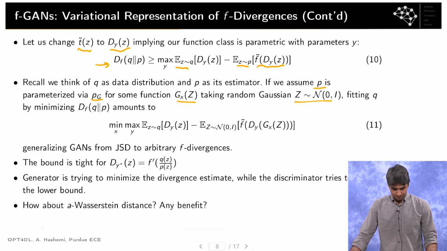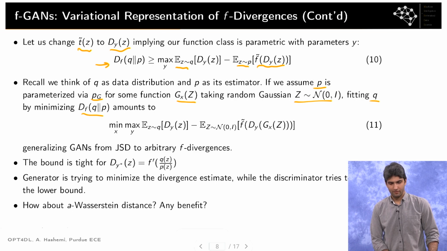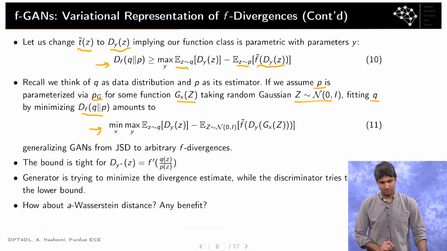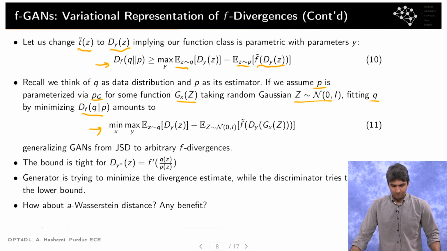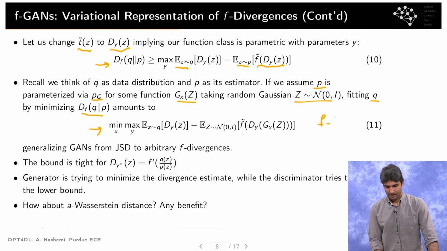Okay. Now, the task of fitting the underlying distribution, by minimizing this F divergence, is going to reduce to this min-max optimization problem. Okay. And this is essentially what we call the objective for F-GAN. Okay. Where F stands for F divergence.